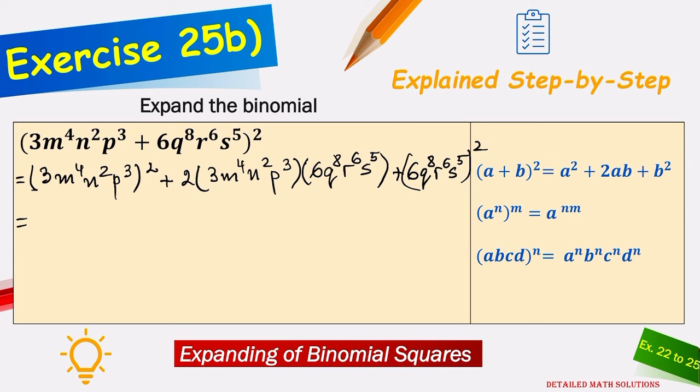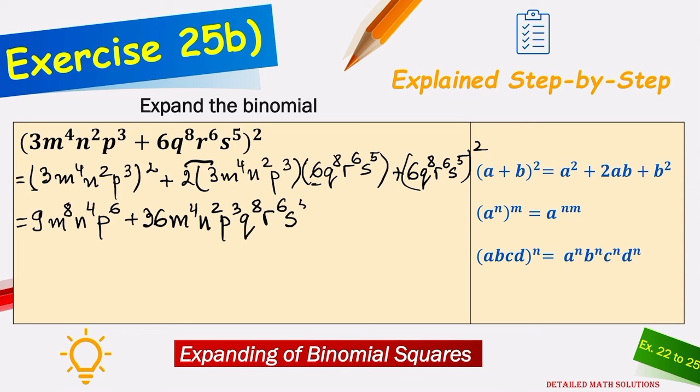So 3 squared is 9, m to the power 4 times 2 is 8, then we have n^4 p^6, plus 2 times 3 times 6 is 36, and then the factors that are left are m^4 n^2 p^3 q^8 r^6 s^5, plus we have 6 squared, 36, q^16 r^12 s^10. And this concludes our exercises.